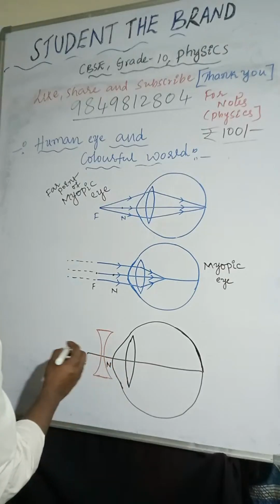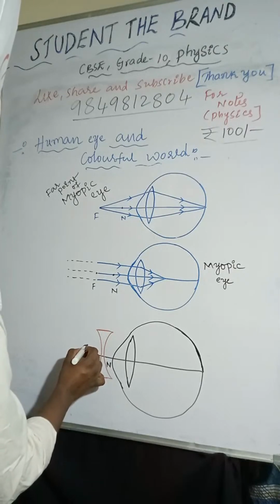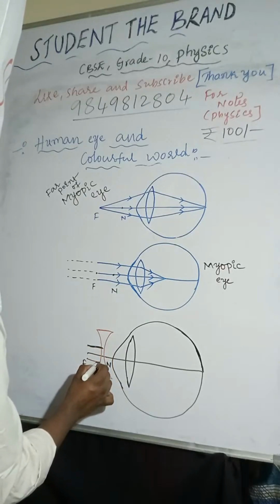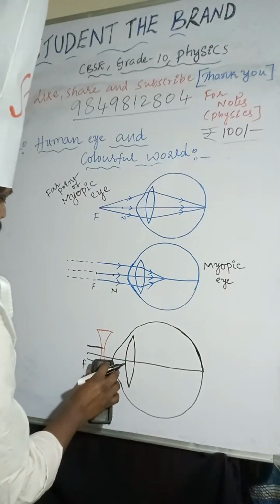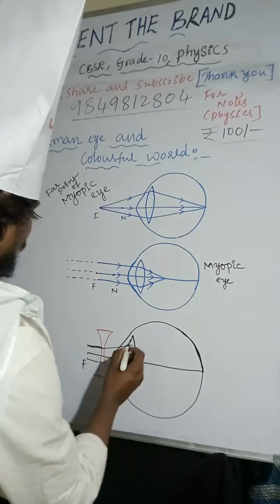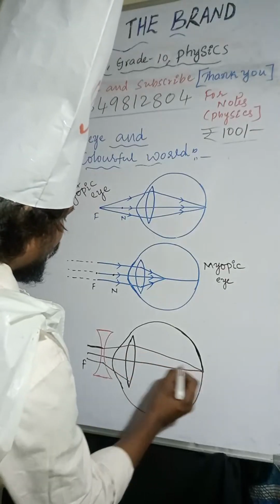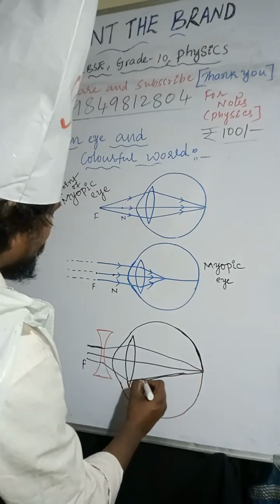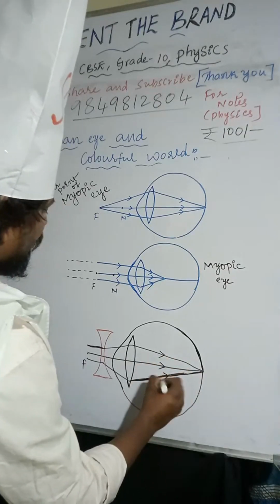If the light rays are coming from infinity, the light rays will be diverged.